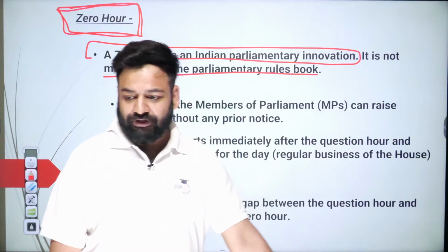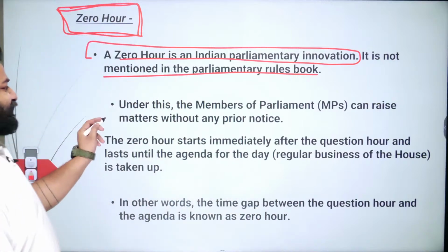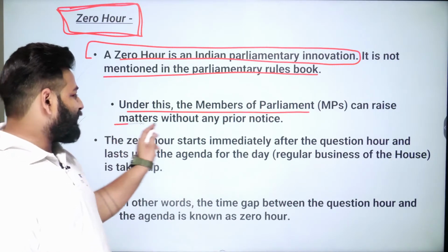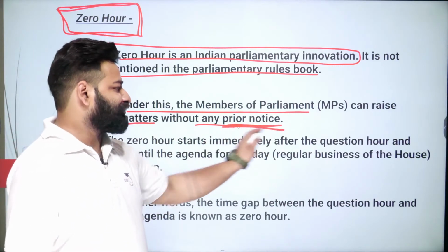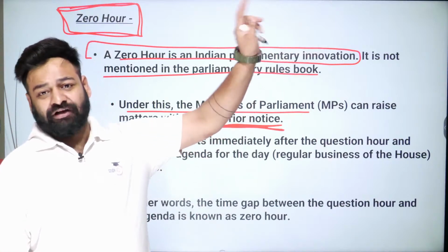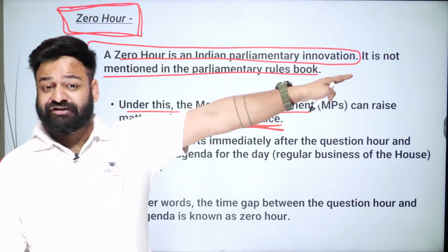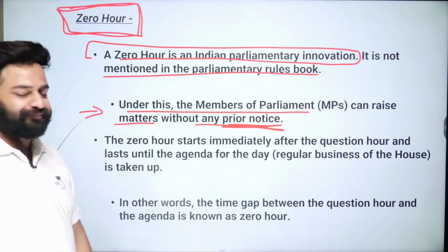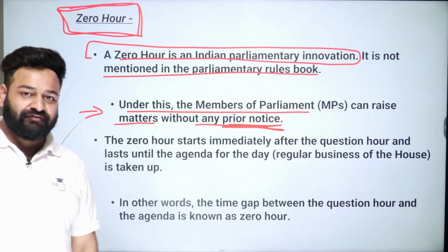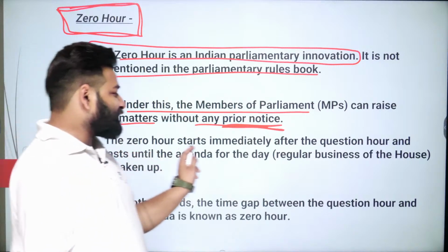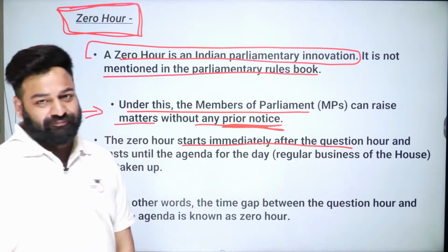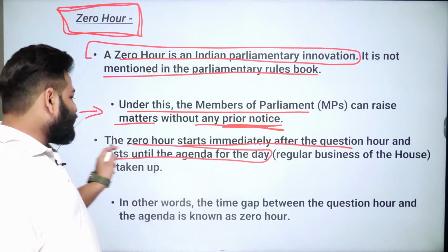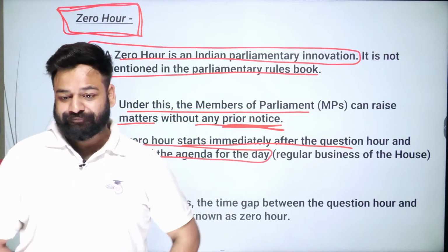Under this, the members of parliament can raise matters without any prior notice. For starred, unstarred, short notice, the notice is given. But in 0 hour, no notice is given. And the most striking feature here, the 0 hour starts immediately after the question hour, but it can last until the whole day has ended.